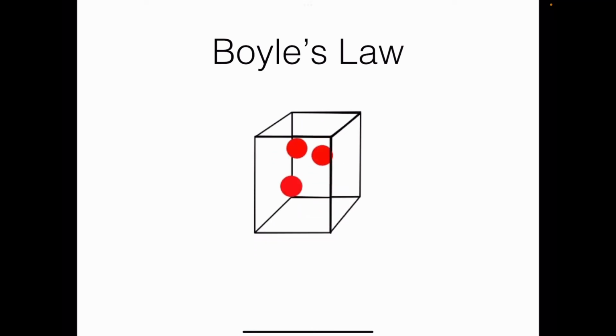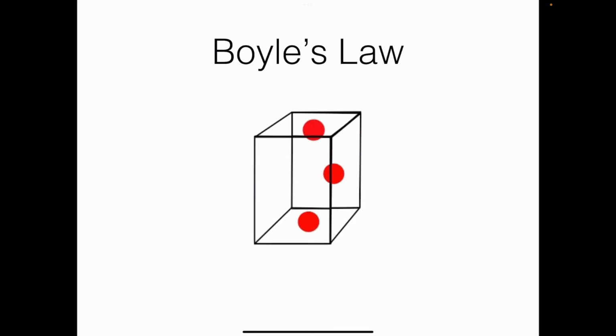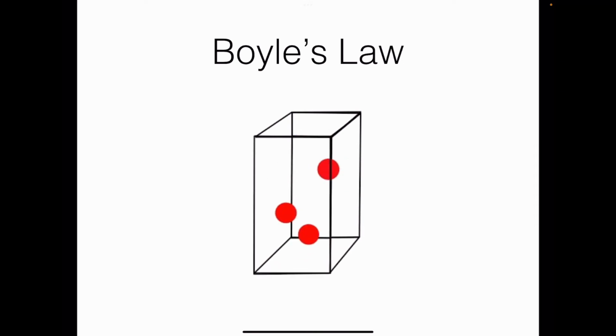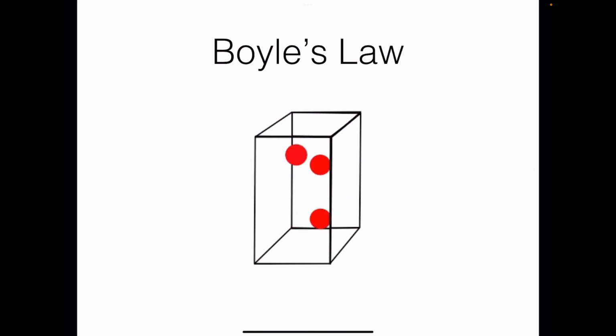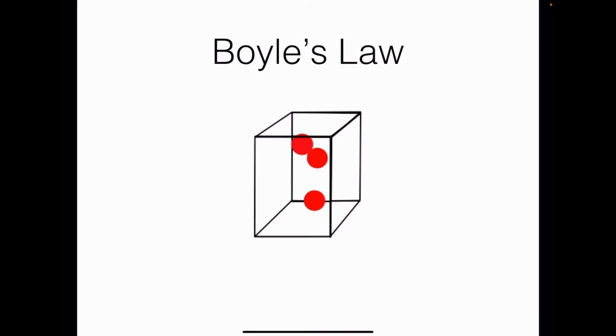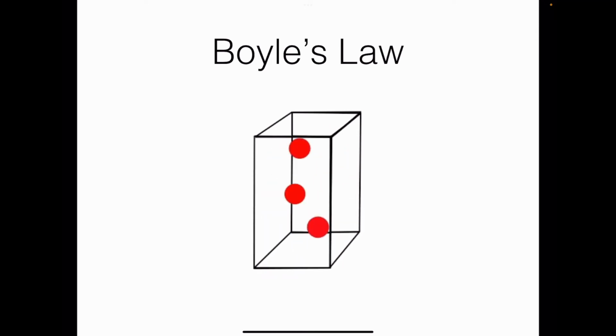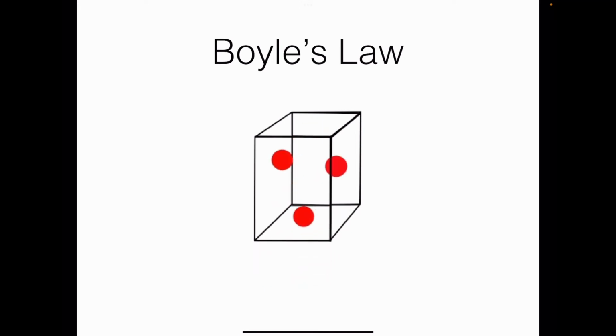Now, they are not moving faster, but they are hitting the walls of their container more frequently. Remember, pressure is exerted every time one of these balls hits the side of its container. So the more times these balls hit the sides of their container, the higher the pressure.